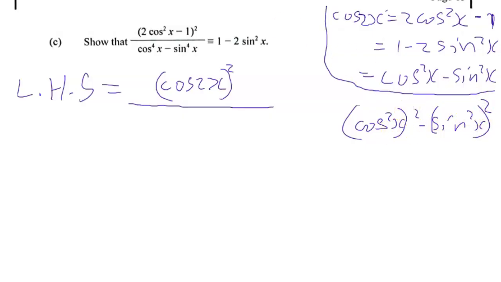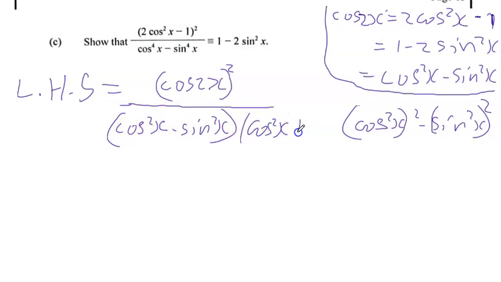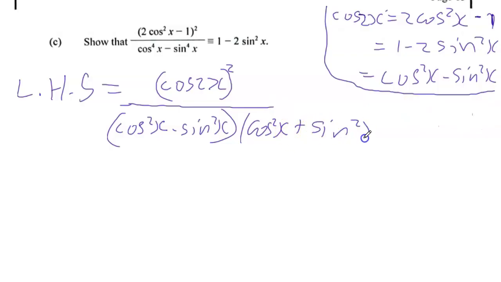So it's really a difference of two squares, and we can rewrite the denominator as (cos square x minus sine square x) into (cos square x plus sine square x). It should be a basic factorization.